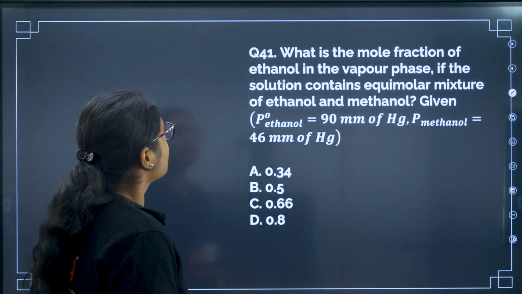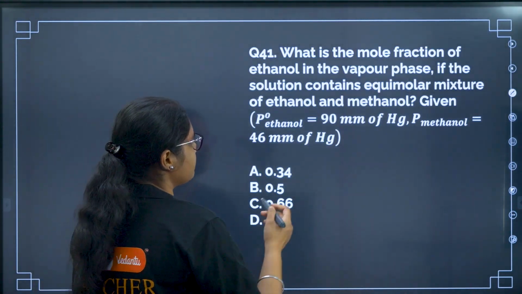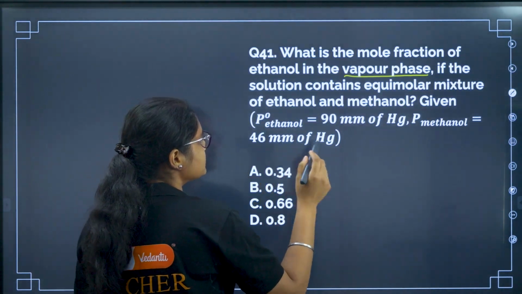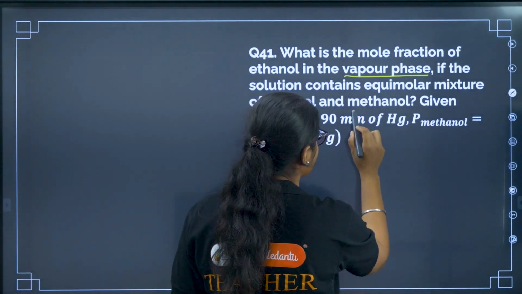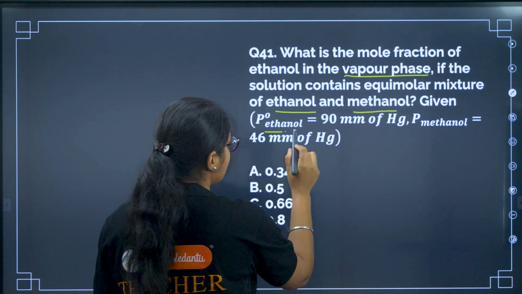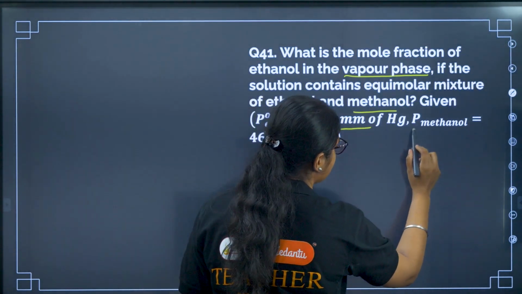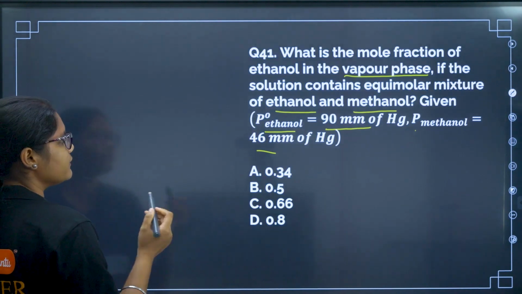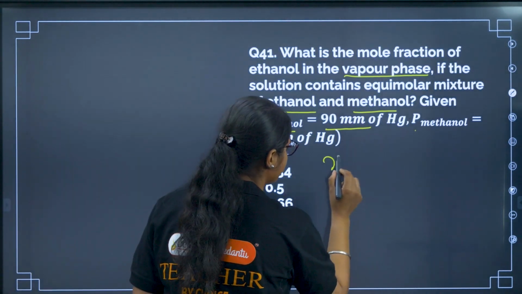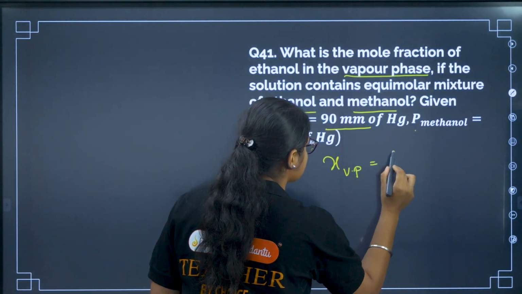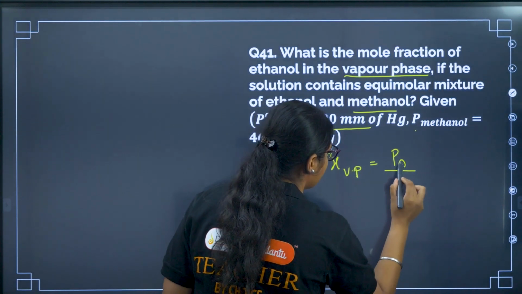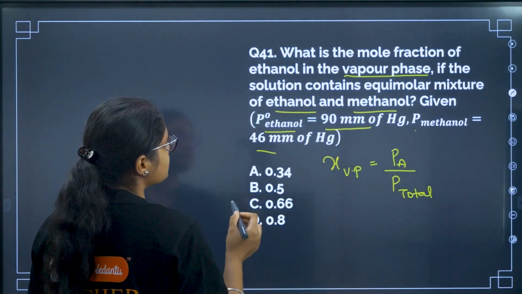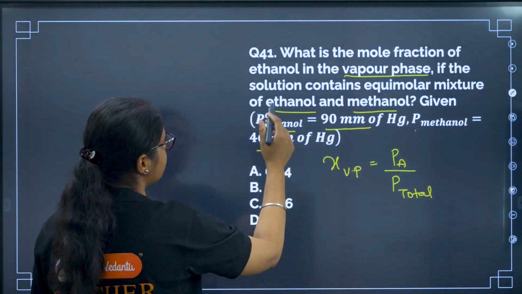Okay, next. What is the mole fraction of ethanol in vapor phase? Yes, this is one important formula. If the solution contains an equimolar mixture of ethanol and methanol, given P naught of ethanol is 90 and P naught of methanol is 46. Okay, see here. First of all, we'll calculate the formula of mole fraction in vapor phase. That is equal to PA by P total. So we were asked to calculate for the vapor phase of ethanol.